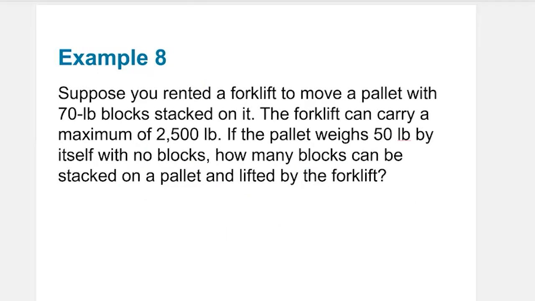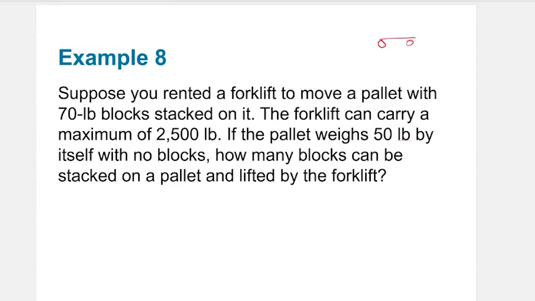All right. So now we have some word problems. So let's see what we have. Suppose you rented a forklift to move a pallet with 70 blocks stacked on it. Okay, so we can kind of picture it. If we can't picture it, we'll draw a little picture.